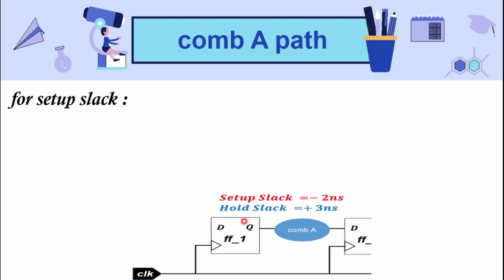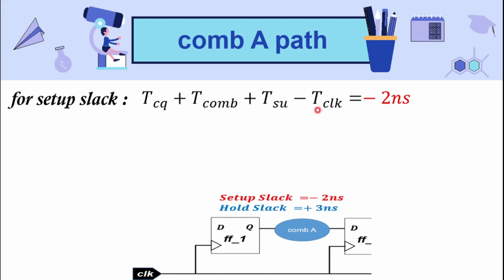For this path, it has setup variation with negative slack equal to -2 nanoseconds. We can calculate the slack from the equation, which is equal to arrival time minus required time, equal to -2 nanoseconds. I had mentioned before that to solve setup variation, we're gonna use positive skew, but now we need to know what value of positive skew needs to be added to the design.